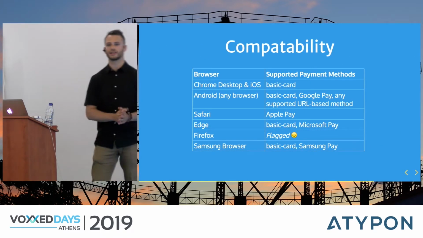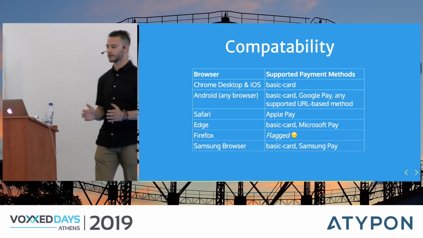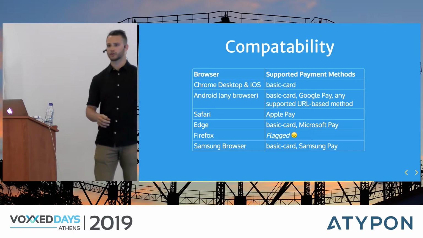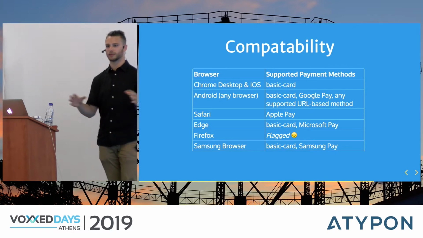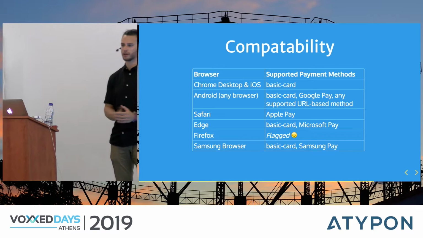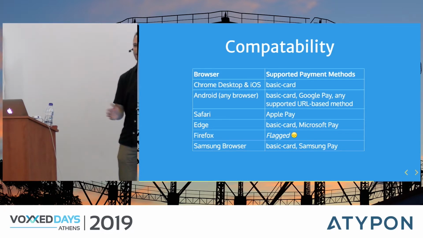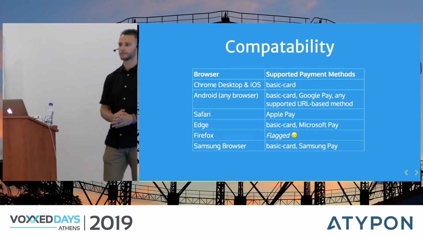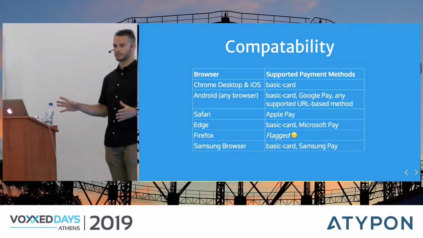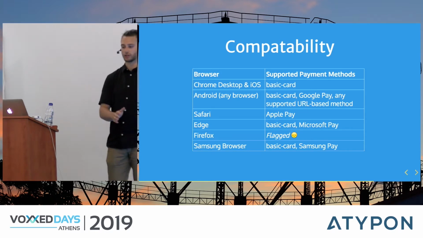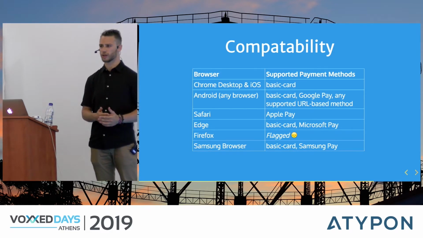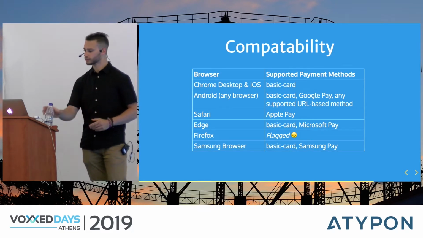Again, this is the table of which providers support which types of payment methods. Android is by far the most compatible operating system for this API and these types of payment methods. You can use Google Pay, and you can use any app that defines this payment feature, such as, again, Alipay, Samsung, and I think Stripe are the current apps that support it.